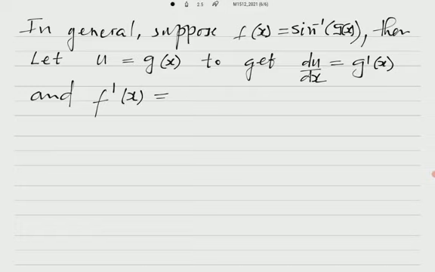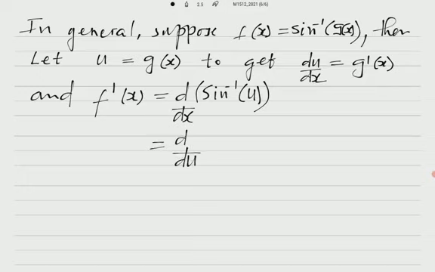If we are supposed to differentiate d/dx of that function, which is sine inverse of u in this case, we can apply the chain rule to have d/du of sine inverse of u, and then we multiply by du/dx.